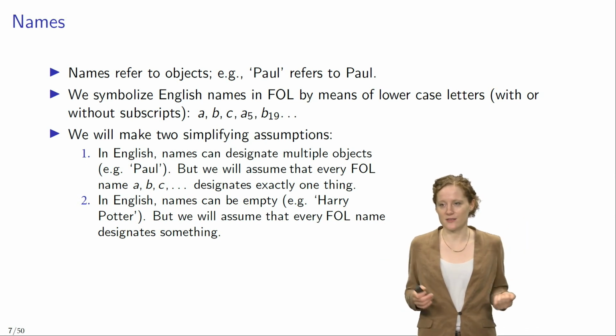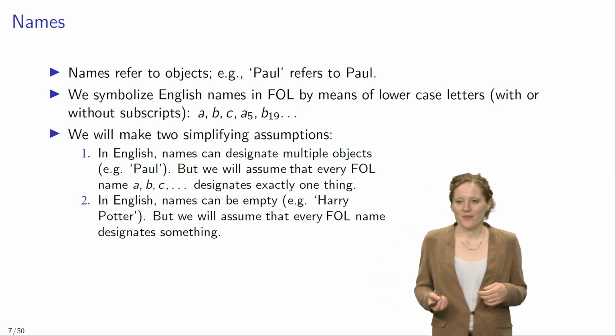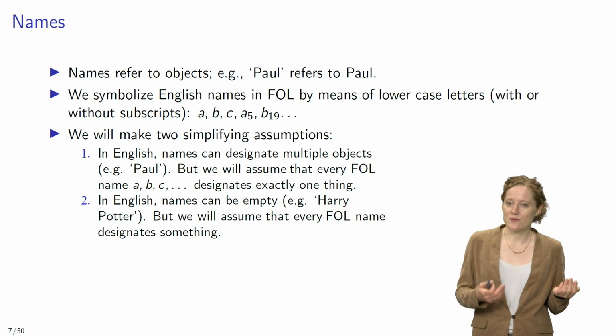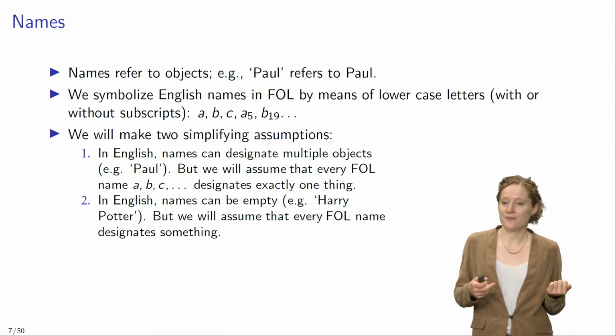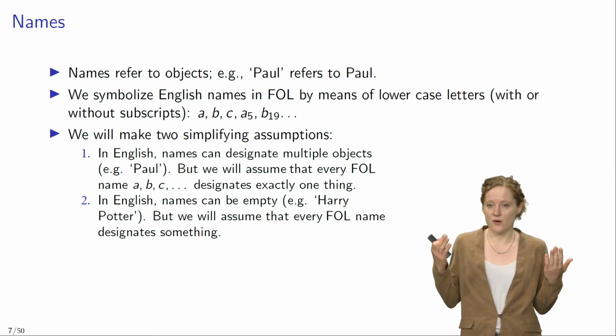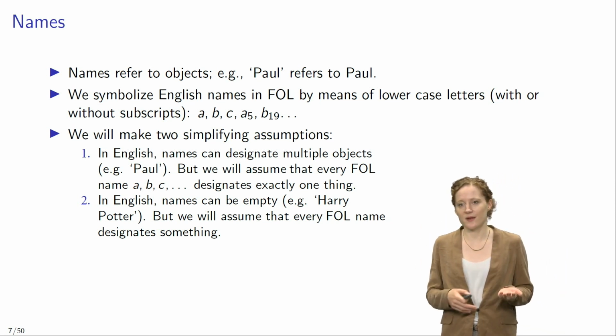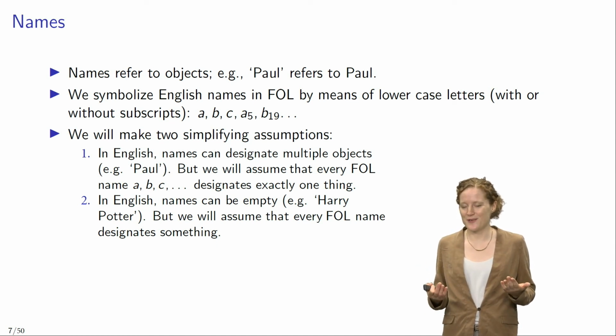The flying horse from Greek mythology doesn't exist. Now, we will, however, assume that every FOL name designates something. So if you see an FOL name, say a or b or c, you can assume that this name refers to something and is not an empty name. So these are our two simplifying assumptions about names.